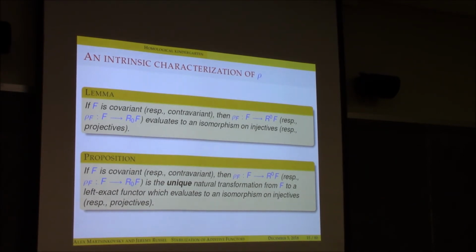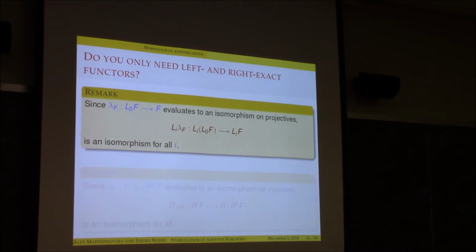Well, here's an interesting consequence of this. If this evaluates to an isomorphism on projectives, well, let's take derived functors of this and derived functors of that. So we're applying L_i to this natural transformation. That's an isomorphism on projectives.